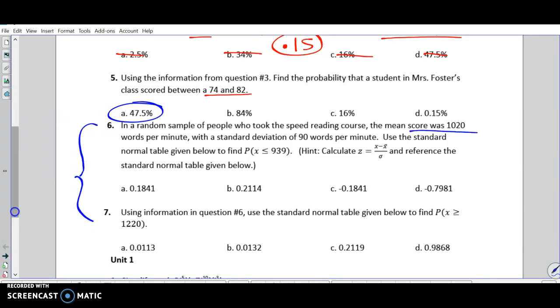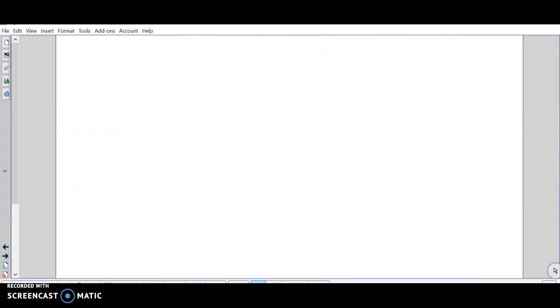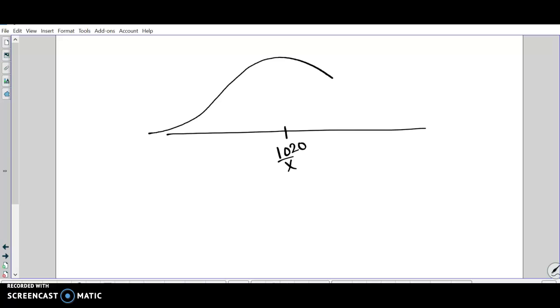So we have a mean of 1,020 words per minute when typing, and a standard deviation of 90. So it says it follows a normal distribution, so I'm going to draw my curve. There's my mean, or my x-bar. I'm going to draw my bell shape, and I'm going to start doing 3 standard deviations above.